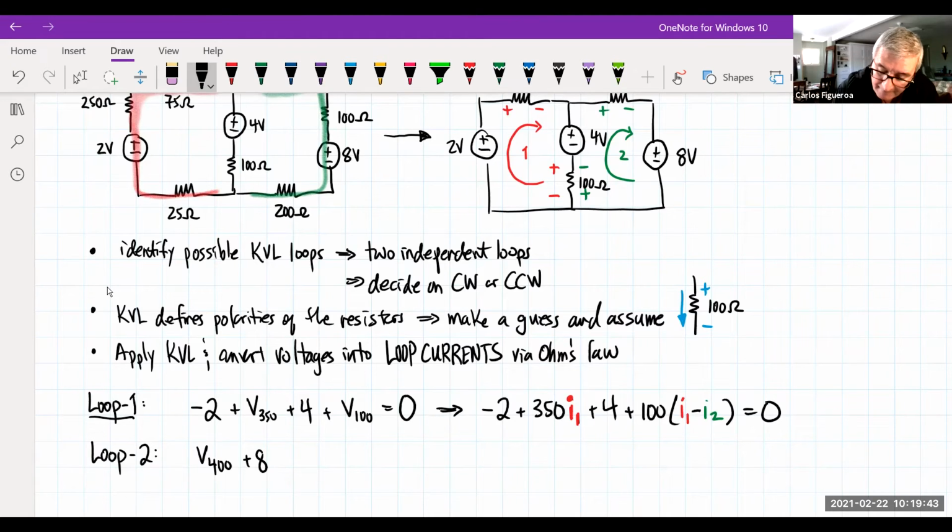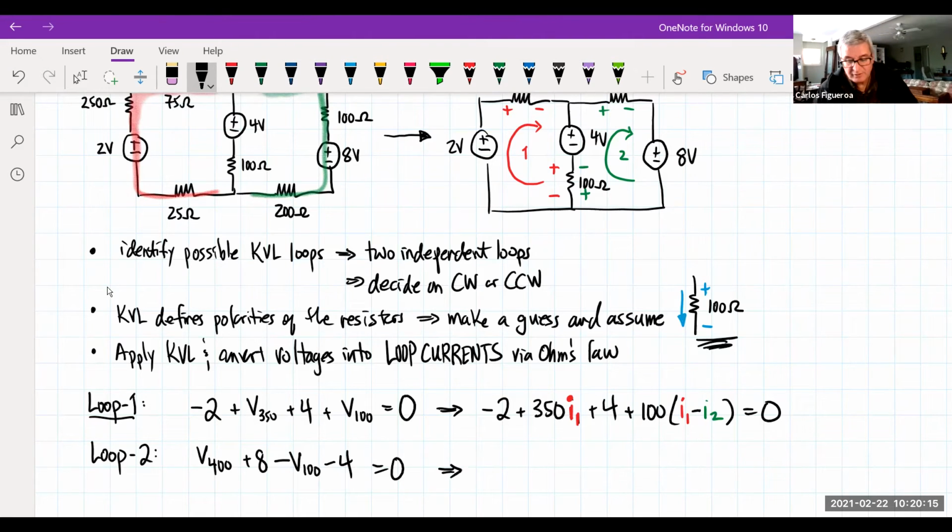I hit the plus for the 100 ohm resistor, but we got to be careful here. We've already defined this to be the case for the 100 ohm resistor. So then that must be minus the voltage across the 100 ohm resistor, because I can't have it two different ways. And then I come up, I hit the negative of the 4, and then of course that's 0.